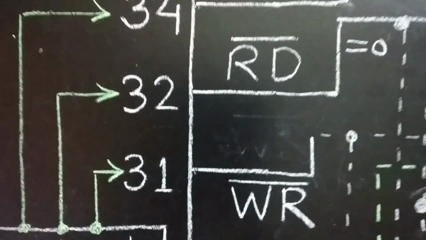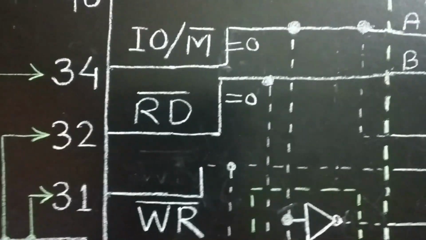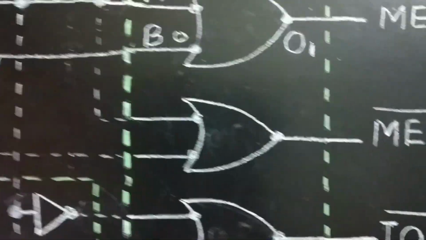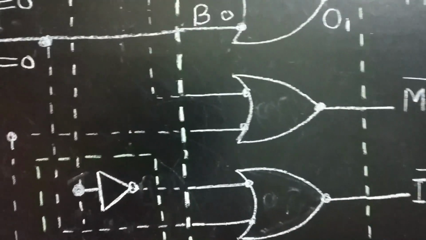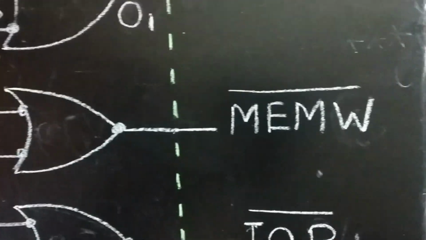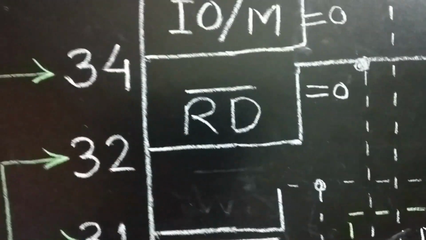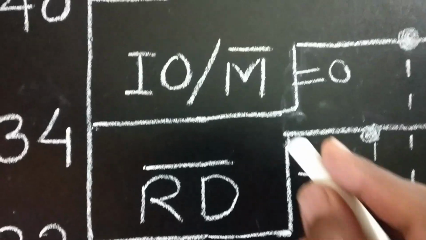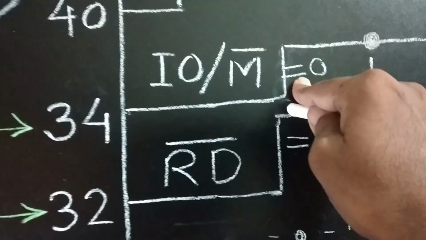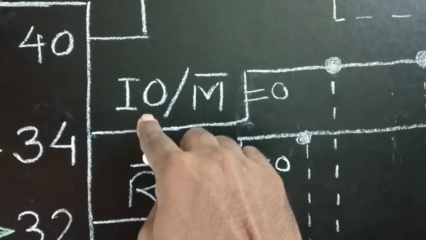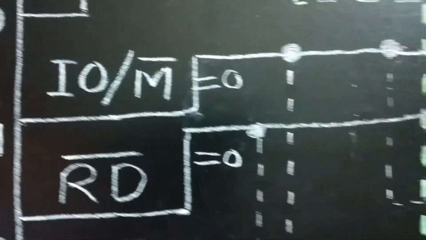Now we are going ahead, say for generating the next, memory write operation. Because it is a memory write, this IOM bar signal must be equal to 0, because for memory operation it should be 0, for IO operation it should be 1.